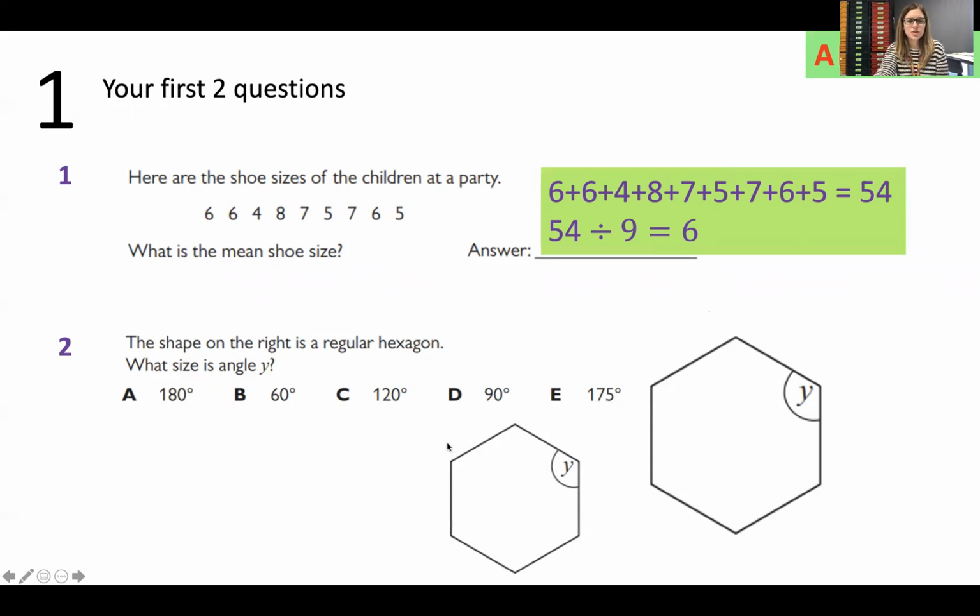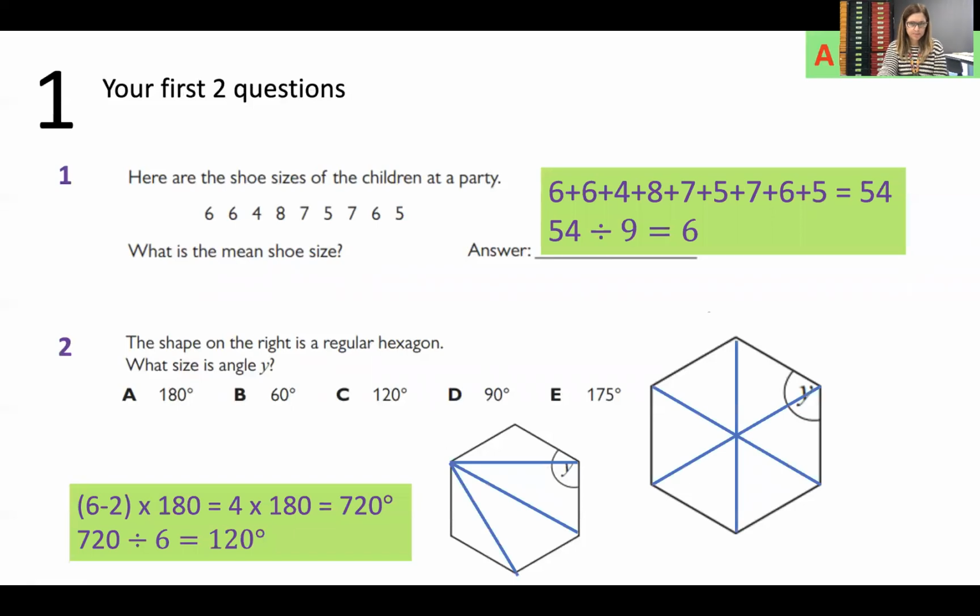Okay, question 2. So there's a couple of different ways we can look at this. And some of you won't have covered this yet in class. So if I've got a hexagon here, I can split it into 4 triangles. And I know that the interior angles of each triangle sum to 180.